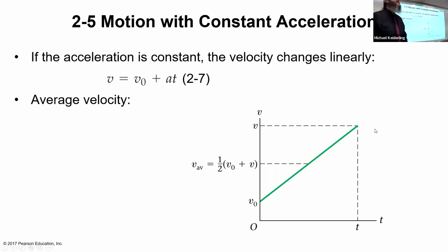There, that will be fine. An average velocity will end up being the midpoint between the final velocity and the initial velocity. Because if you take the average of this line, it turns out it's the middle. So average velocity is 1/2 initial velocity plus final velocity.